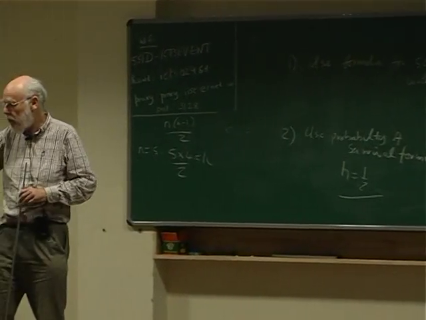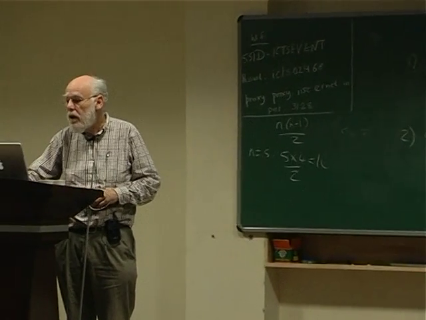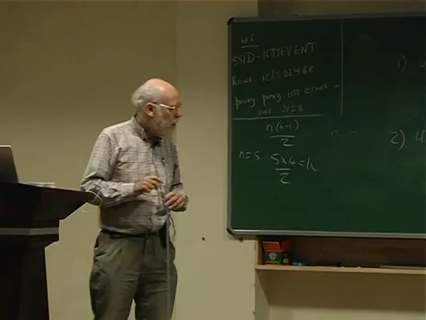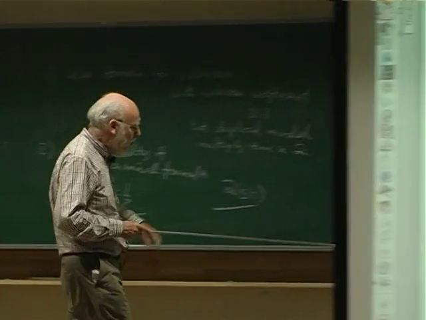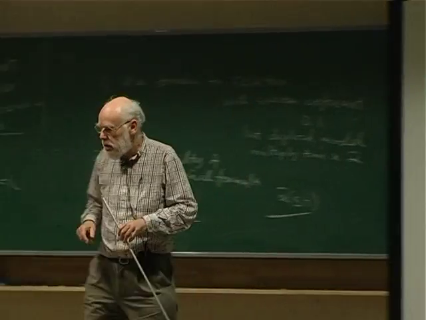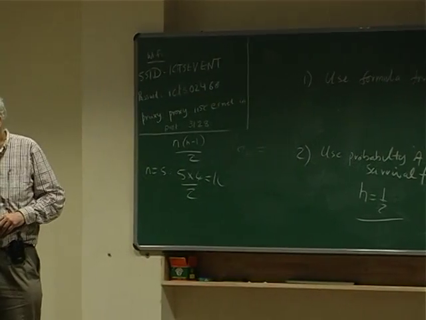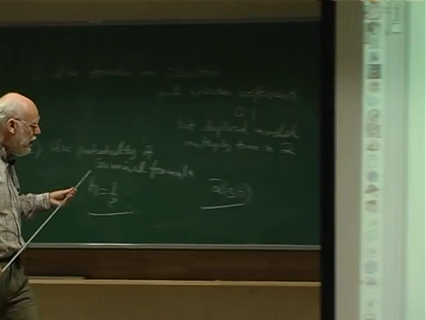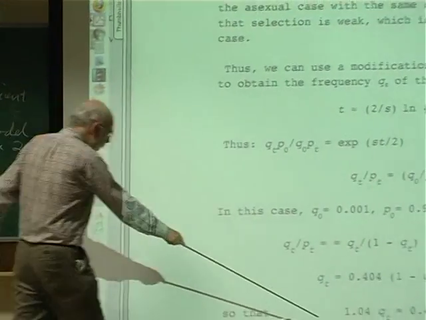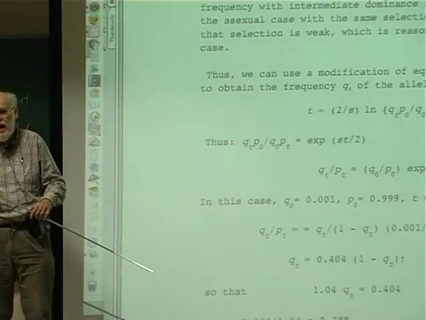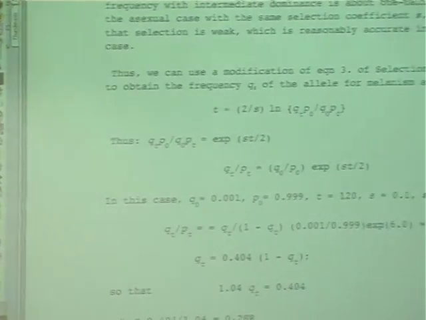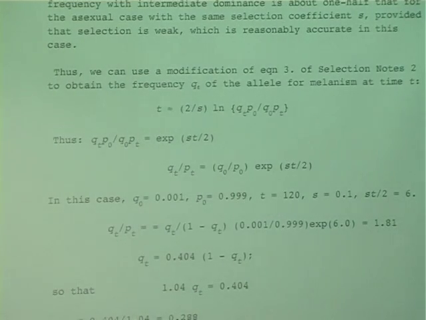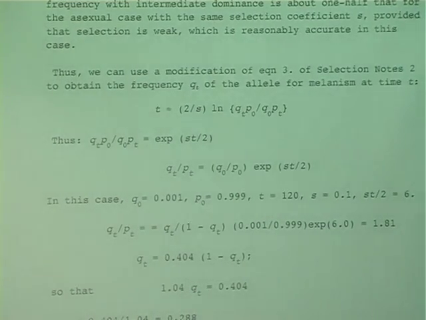So you're also asked what's the frequency of the non-melanics at the end of the process. This is the allele frequency, right? Now, suppose I got the answer right here. The allele frequency is 0.288. What's the frequency of non-melanics? So the frequency of non-melanics is basically the frequency of the homozygotes for the alternative allele.